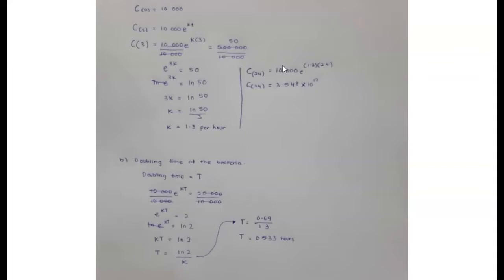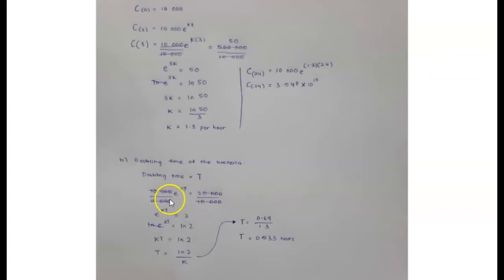And for the next question, the doubling time of the bacteria. Okay, so for the doubling time of the bacteria, we know that doubling time equals T. So 10,000 e^(kT), capital T, equals 20,000.